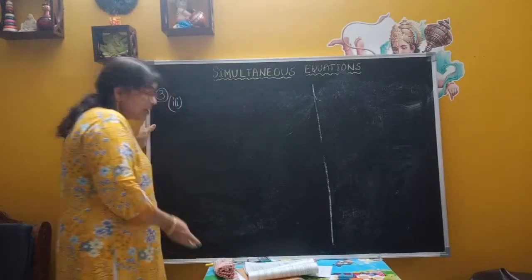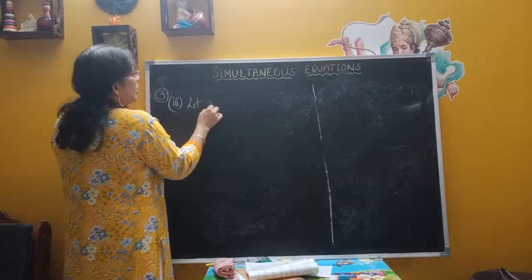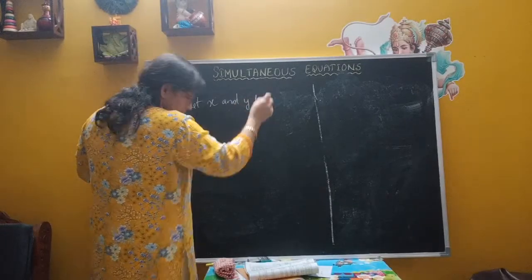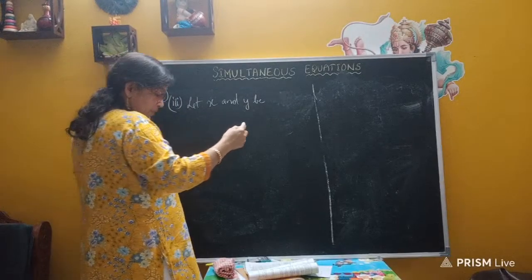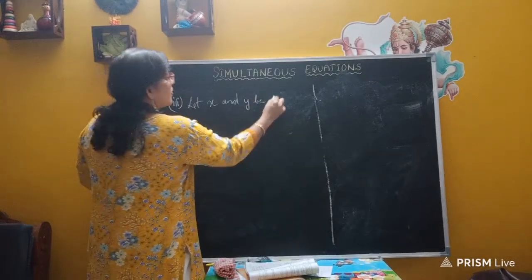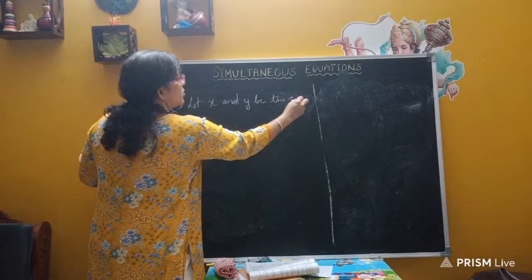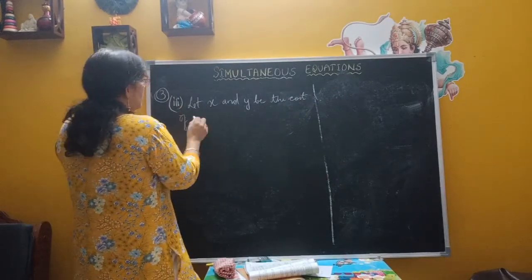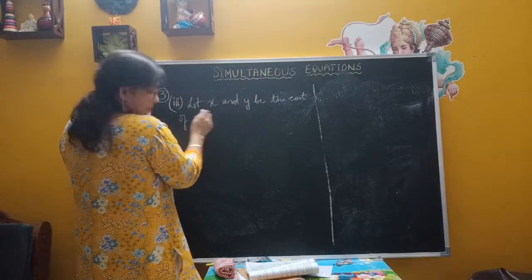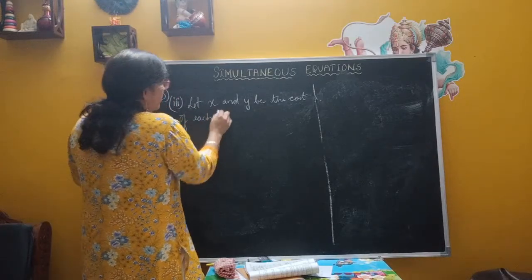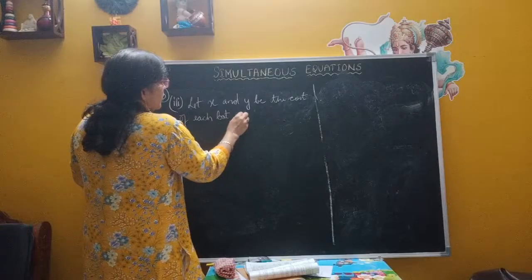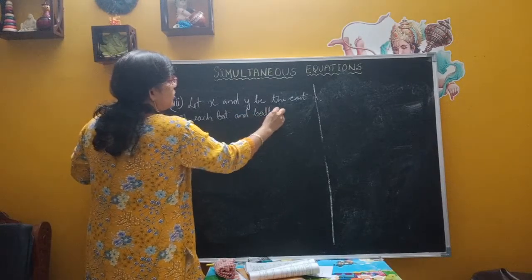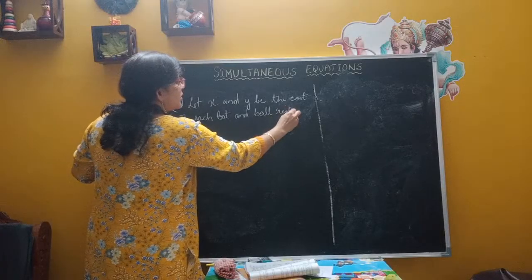So let x and y be the cost of each bat and ball respectively.